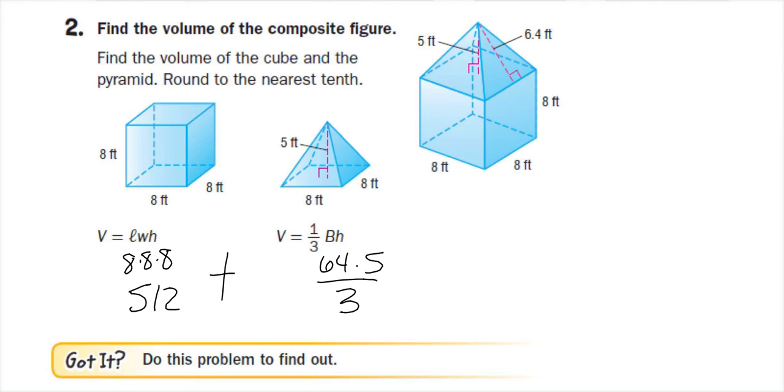So 64 times 5, divided by 3, I got 106.6 repeating, so we're rounding off to 106.7. Okay, put these two together. So 512 plus 106.7, and we get 618.7. Again, we found volume, so that would be feet cubed.